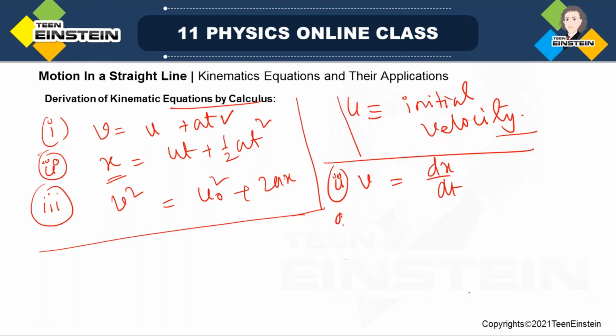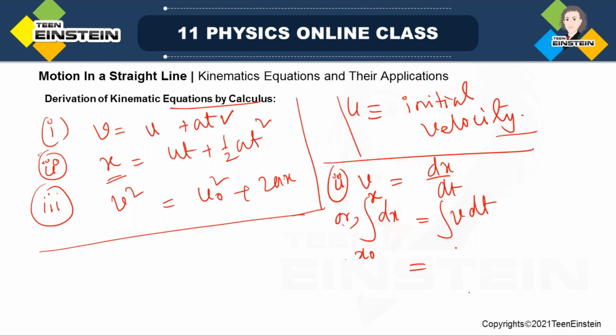Now I have to do the integration part. So integrate dx, from x0 to, suppose, x, and this is v into dt. In this case, you have to think about whether this v is a constant or it is changing, because it is a uniformly accelerated object, so v cannot be a constant quantity.